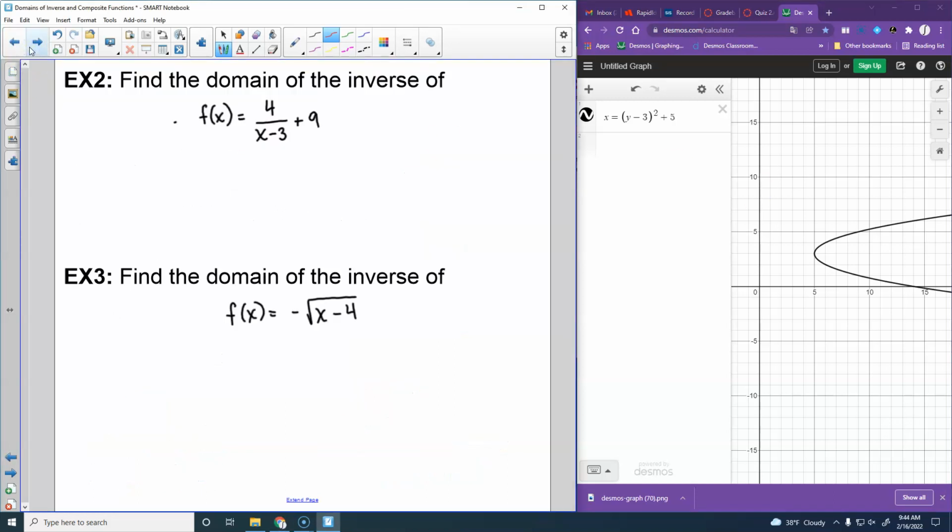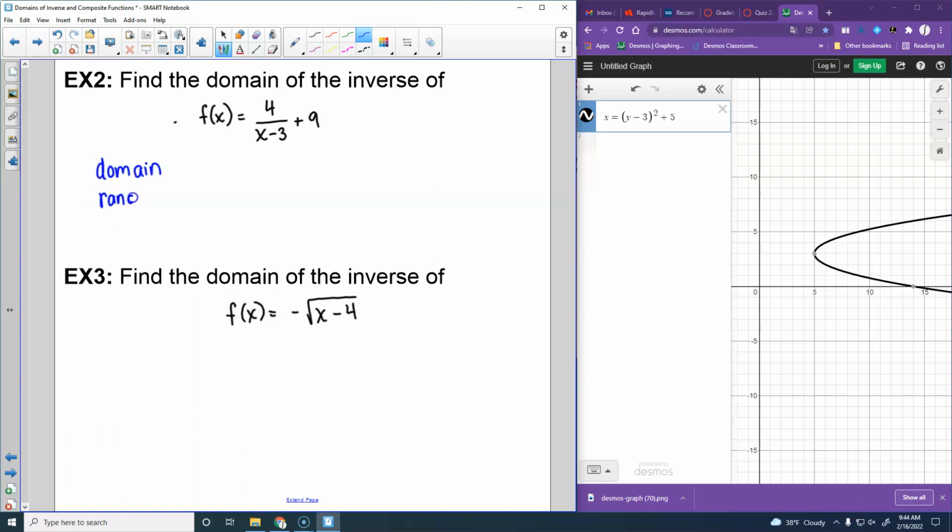All right, so let's do a couple more of these. So let's look at this first one. Actually, let's do it without the graph first and then see if we're right. I'll probably give you a graph on these. I'm pretty sure that I gave you a graph on these on this test. But let's try it without the graph first.